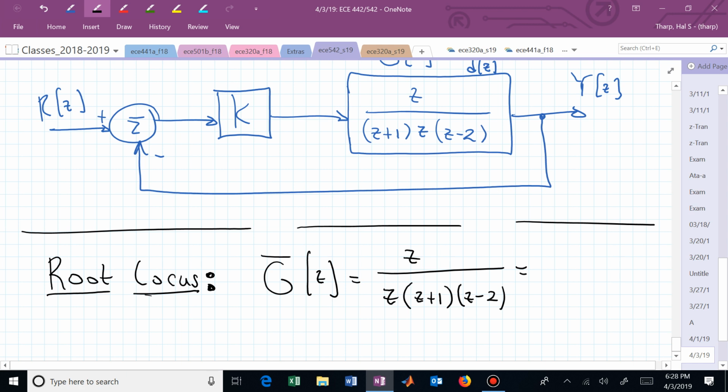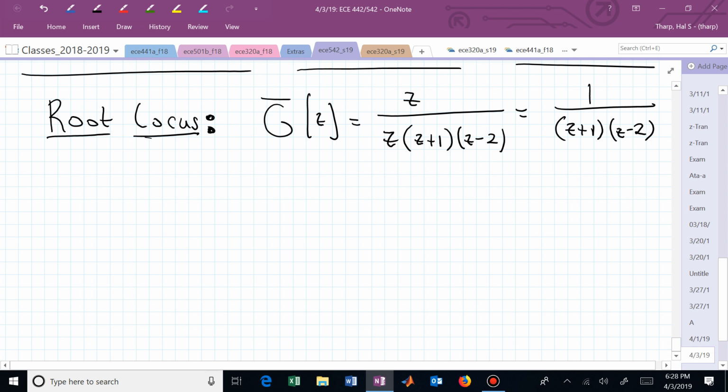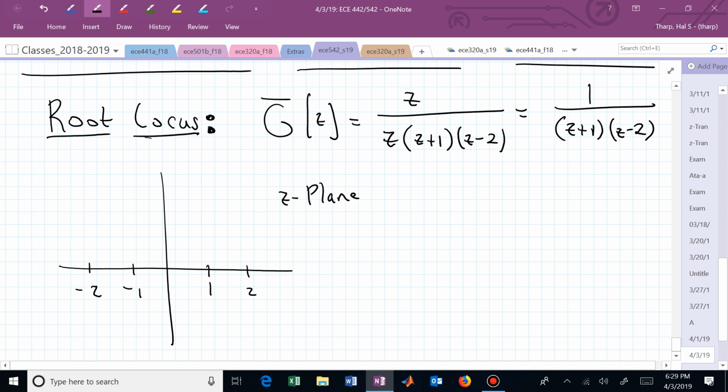We don't need to worry about those two. And we now have 1 over Z plus 1, Z minus 2. So that now we can say, oh, we have a pole at -1 and a pole at 2.